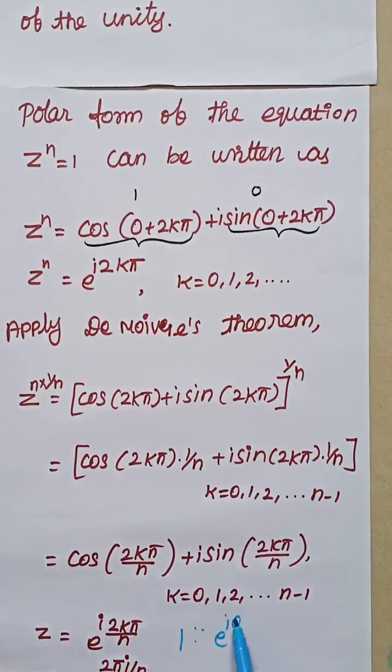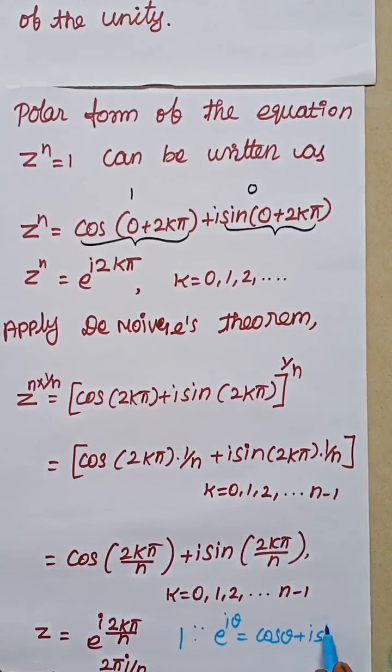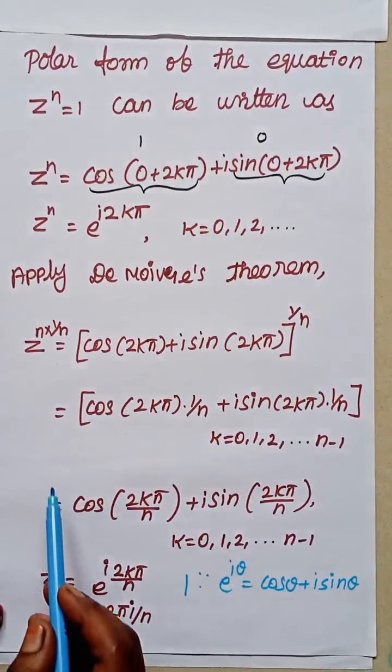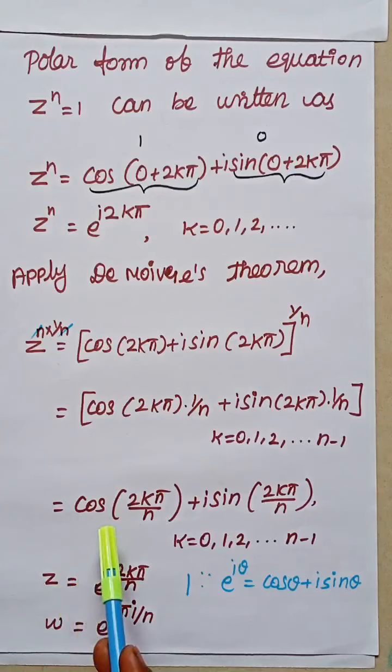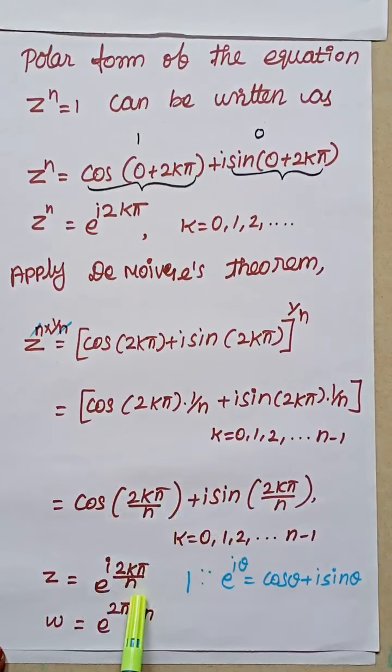E power i theta can be written as cos theta plus i sin theta. On the left hand side, the n gets cancelled and only z remains. So z is equal to e power i 2k pi by n.